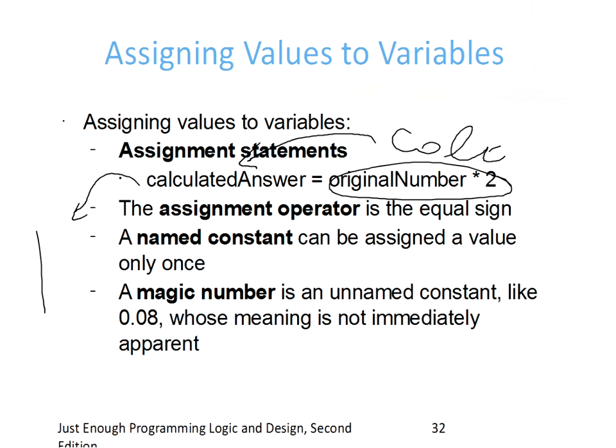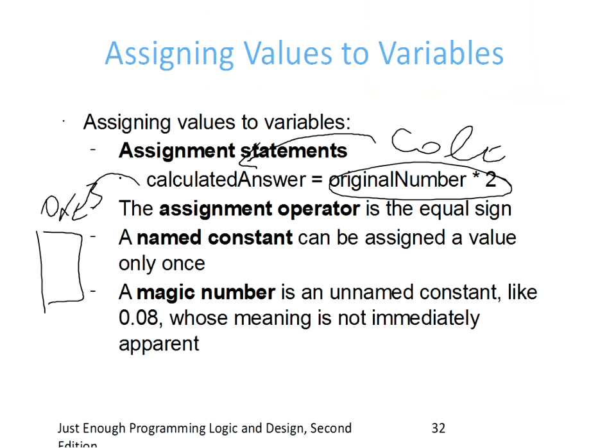Well, calculated answer is pointing to somewhere in memory, let's say 0x3, because it is a variable, and that variable has its data type, so we know its size. So the results are associated or assigned to that memory address. And how do we find that memory address? Through the name of the variable.